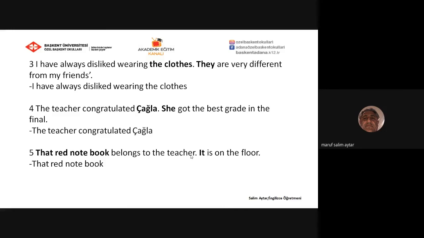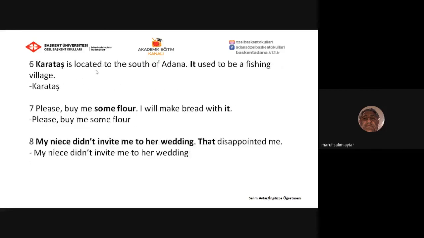And then completing the sentence, that red notebook, blah, blah, blah, belongs to the teacher, for example. Karataş, it's a name again, like Adana, like Tepeba, like huzur evleri, okay? Karataş, blah, blah, blah, okay, is located to the south of Adana.